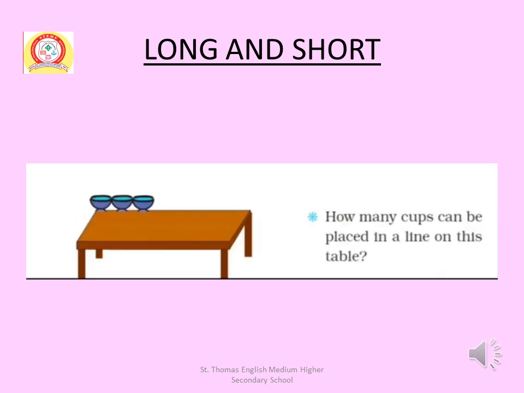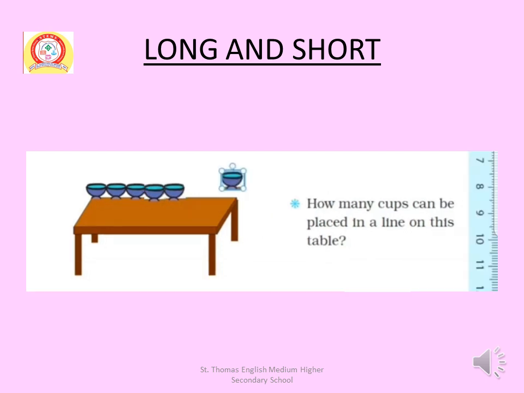Here, one more measurement. How many cups can be placed in a line on this table? You could see there were first 3 cups. Now, we start placing more cups one by one.